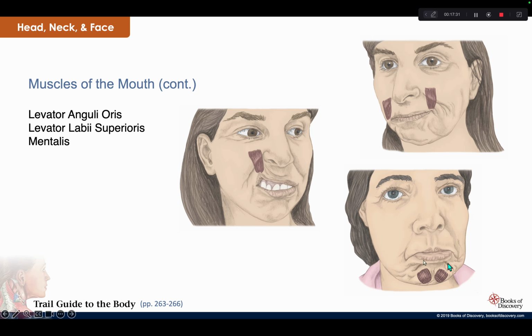Those are going to be responsible for elevating the corners of your mouth, levitating them. Then you have your mentalis, at the chin. This is when you pout. Those little muscles help draw the corners down. So you have muscles that draw the corners up, and muscles that draw the corners down.